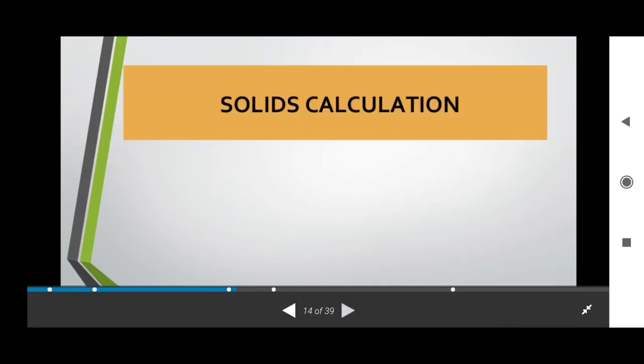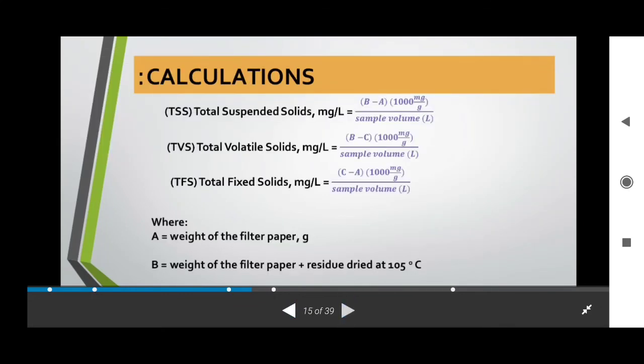And if you try to understand the calculation, when we filter the sample, a known amount of sample is filtered, and whatever is left in the filter, along with the weight of the filter paper, that is, we dry the filter paper at 105 degrees.